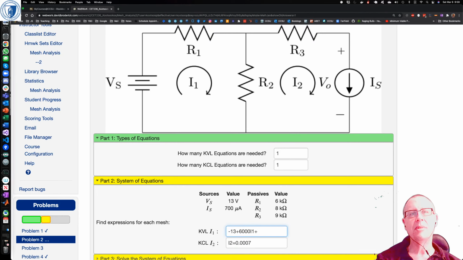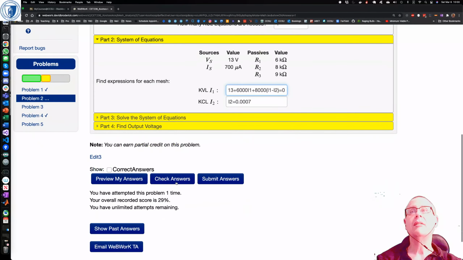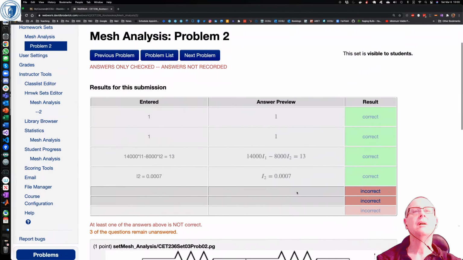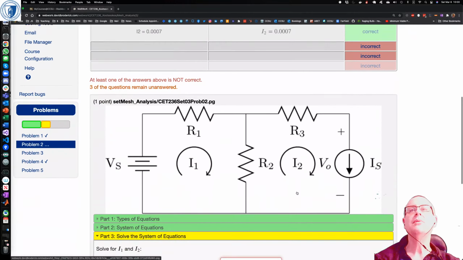Now here, remember, you've got that K in front of all of these, so that's multiplied by 1,000, plus 8,000 times, what's that going to be? I1 minus I2. And that equals 0. And let's just check our answers. Yeah, so I got those two right.